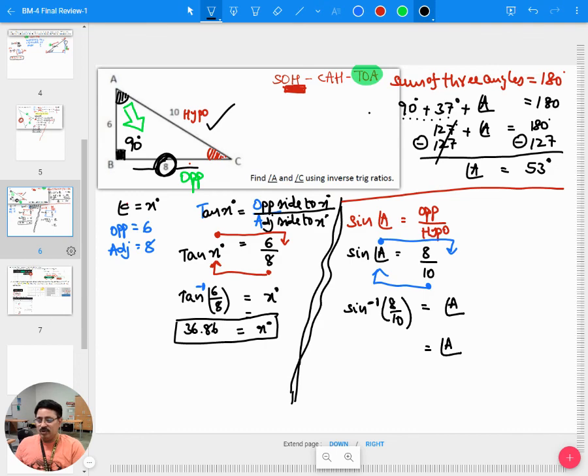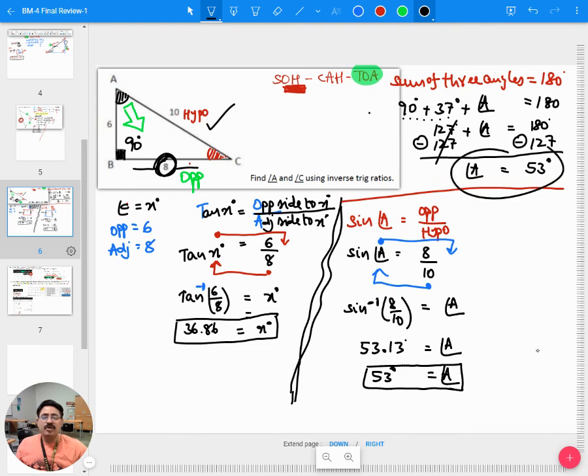Second sine, that gives me sine inverse 8 over 10, 53.13. So it is 53.13 degrees, and this one I'm rounding to 53 degrees. In fact, when you use the other method, there also you got angle A equals 53 degrees.